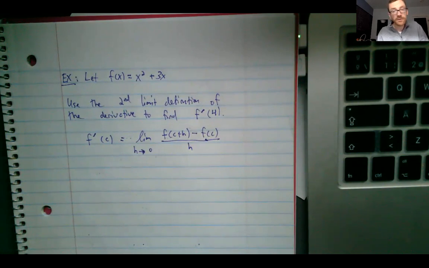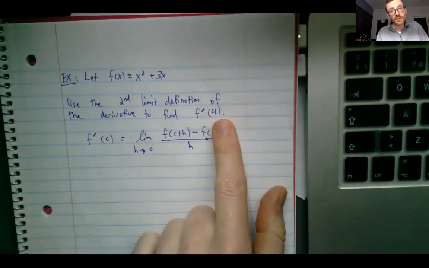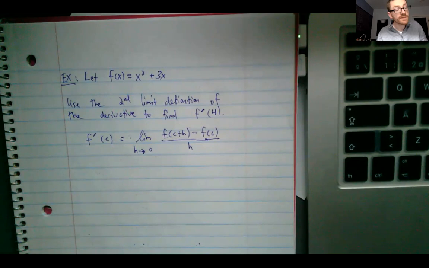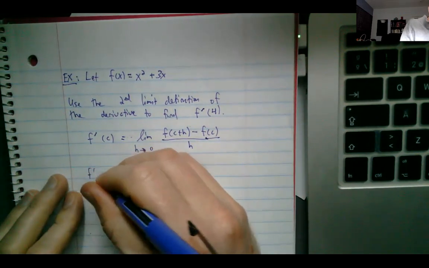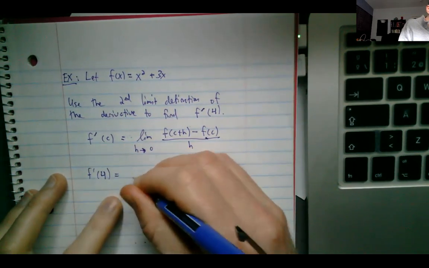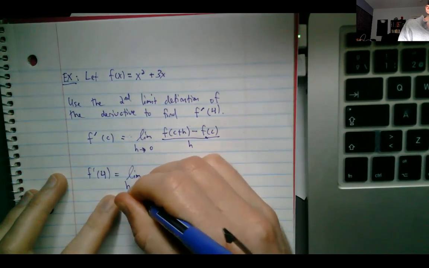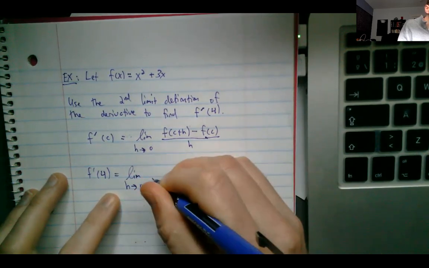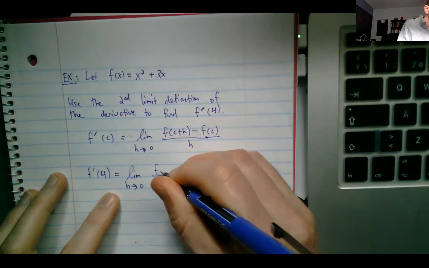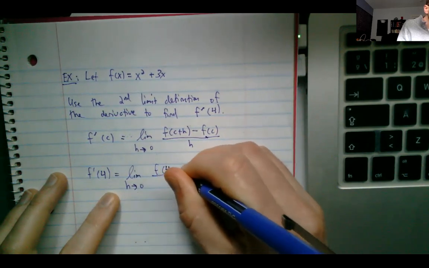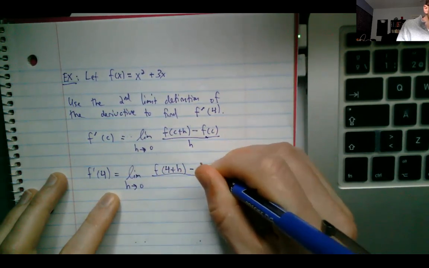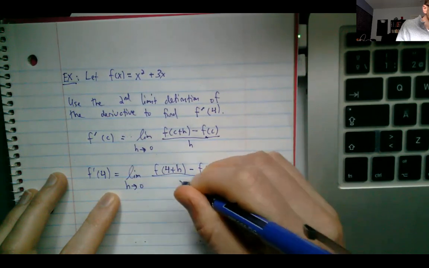I want to know the derivative at the point 4. So what I have to do is take this definition and replace all of the c's with 4s. Okay, so f prime of 4 is going to be the limit as h approaches 0 of f of 4 plus h minus f of 4 all over h.